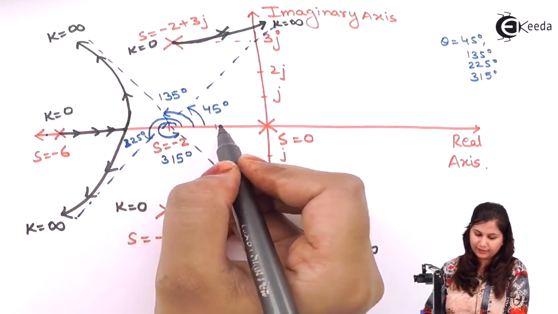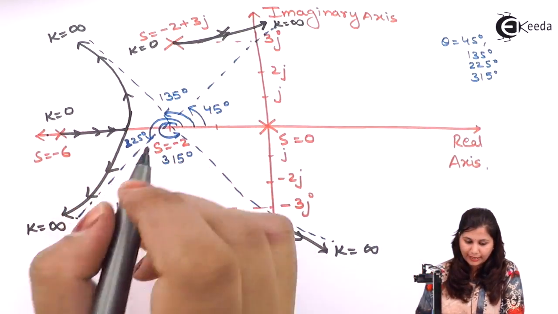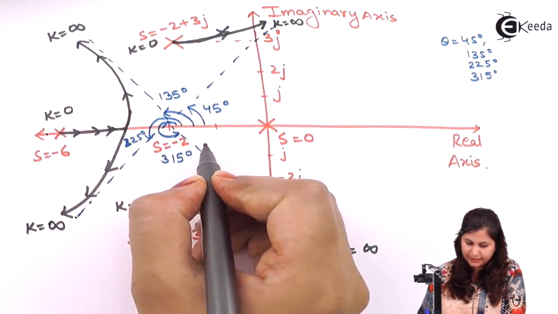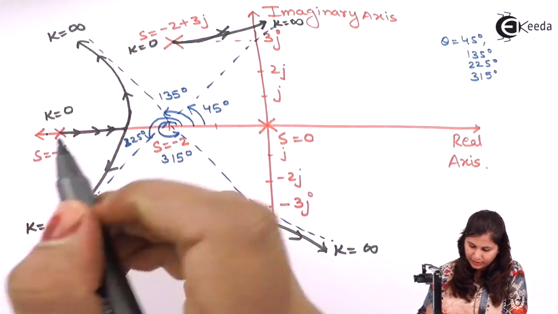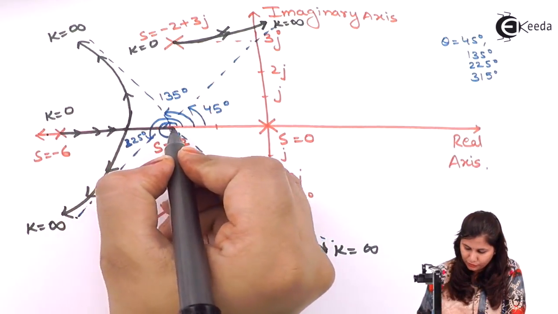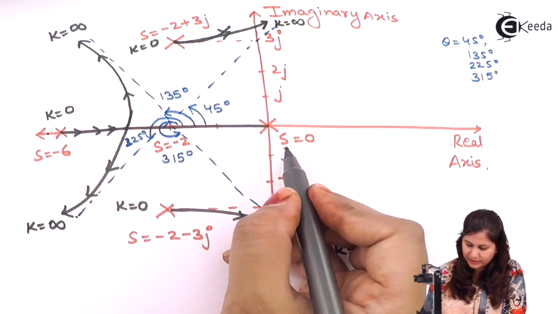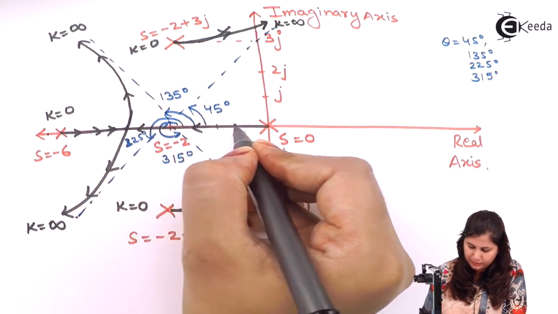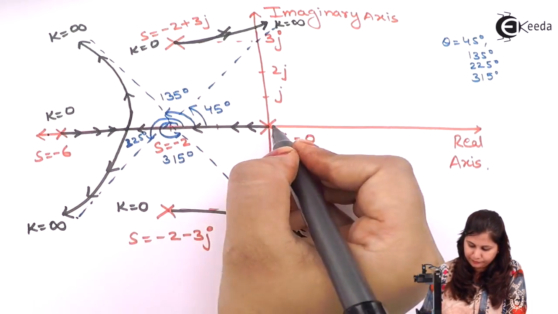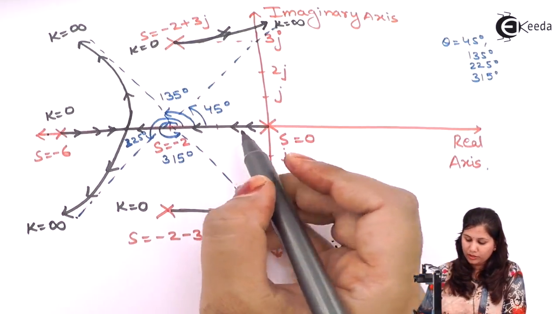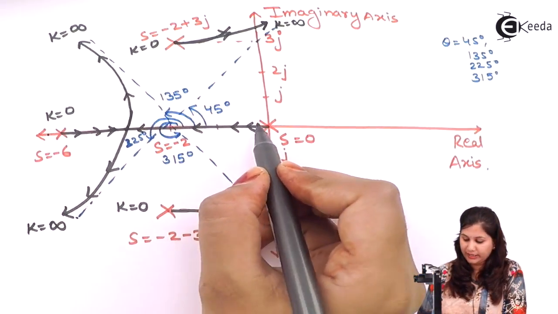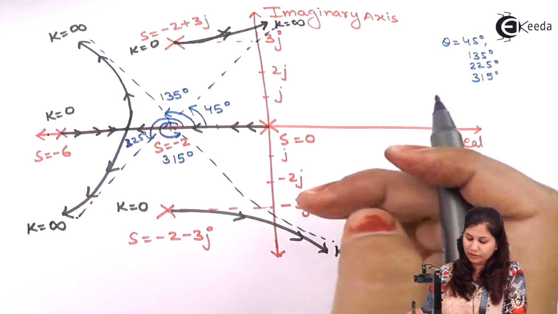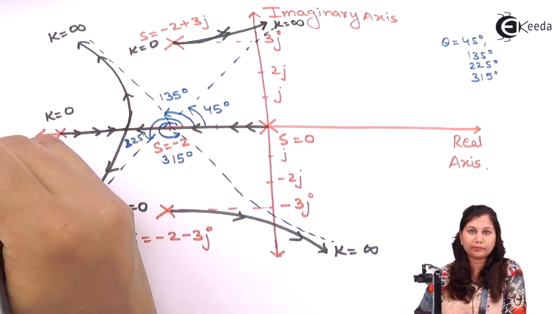So all these angles they are making, and we are having this as the breakaway point, that is s equals to -2, and we are having one branch of root locus which is starting from this pole s equals to 0, because for this pole, if we take a point here, then number of poles and zeros on the right hand side is 1, that is odd, so the direction of root locus will be here.